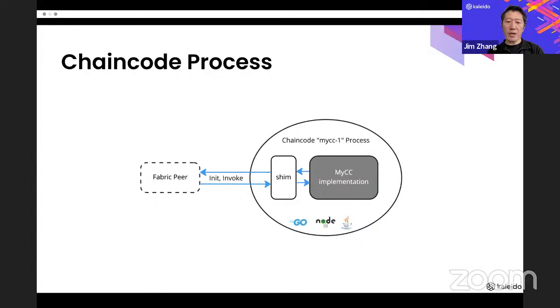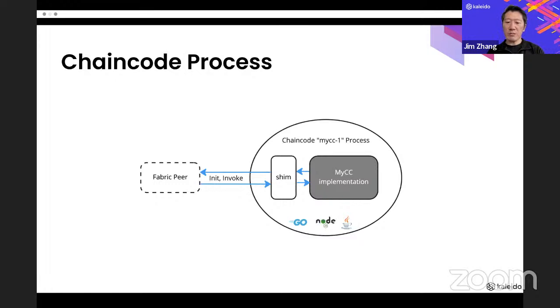The shim layer is the library that implements the standard interface over HTTP with Fabric. So as you can see, your Chaincode implementation does not talk to the Fabric over this native protocol directly, but it goes through the shim. So your interface is really with the shim itself. And we'll look at in later slides what that interface looks like.